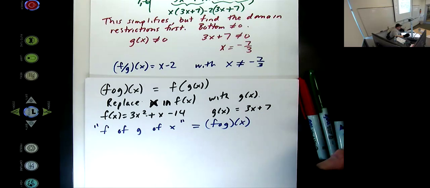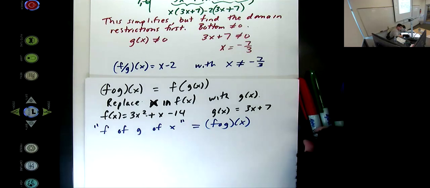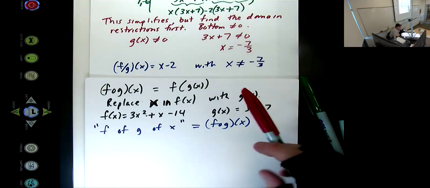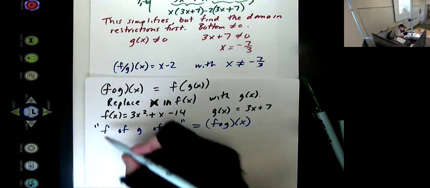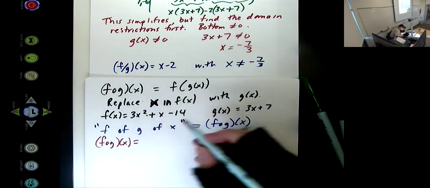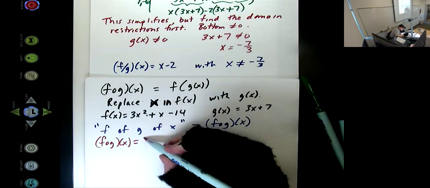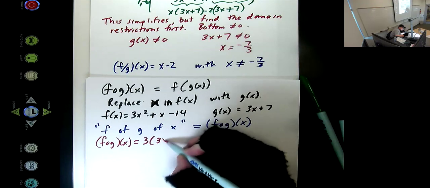F of g of x. So we'll do that here. Everywhere I see x in the f of x, I am going to replace it with 3x plus 7.